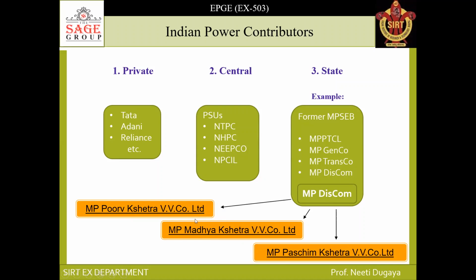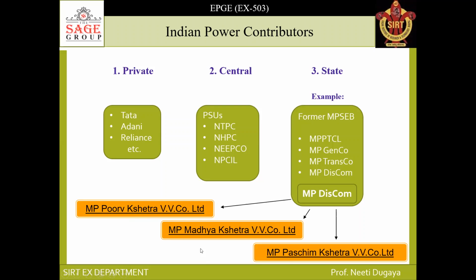In Bhopal, most of the sector has Madhya Pradesh Madhya Kshetra Vidyut Vitran Company Limited. It is shown as your service provider. Whenever you do online payment, they ask you to choose your service provider, and the options are Madhya Pradesh Purva Kshetra, Madhya Kshetra, and Paschim Kshetra.